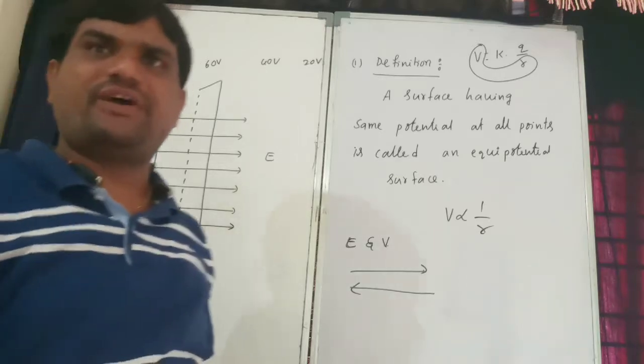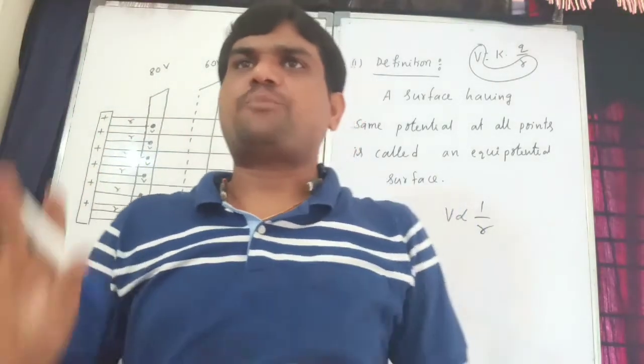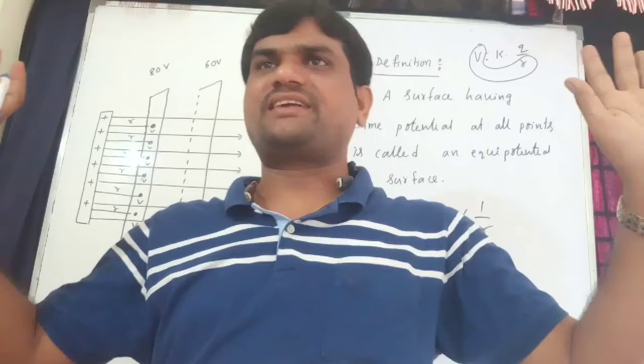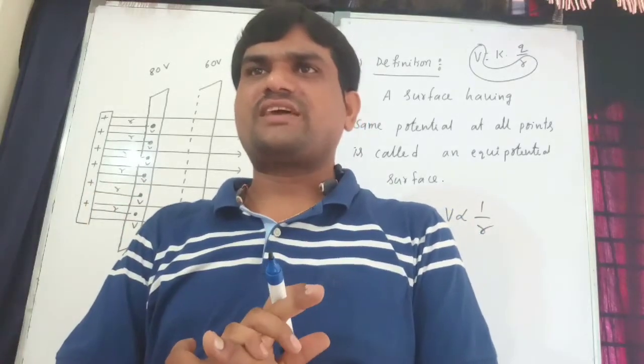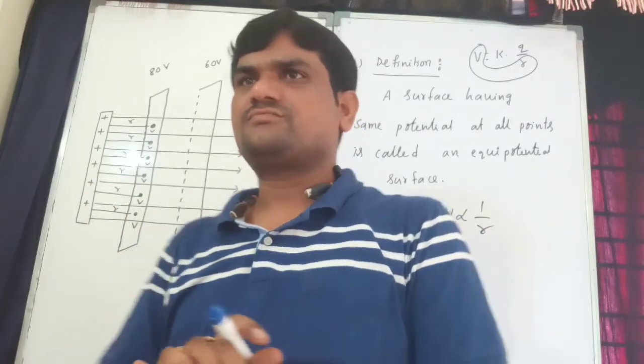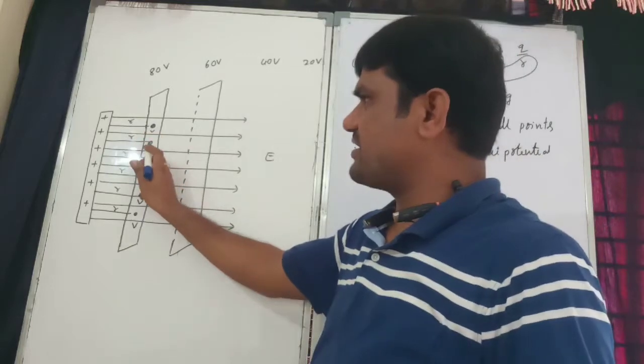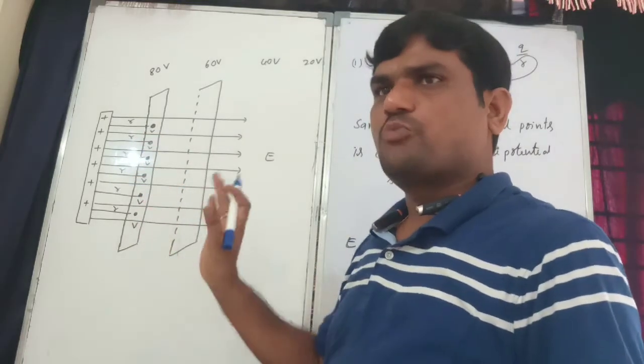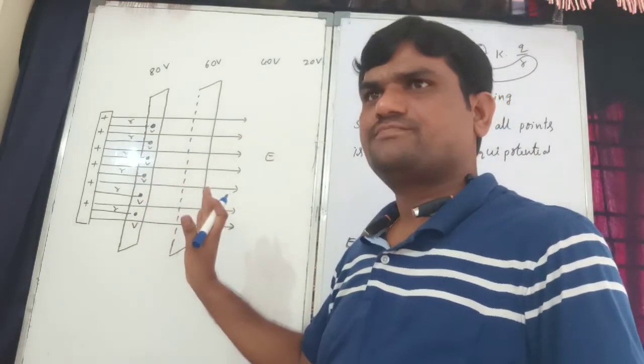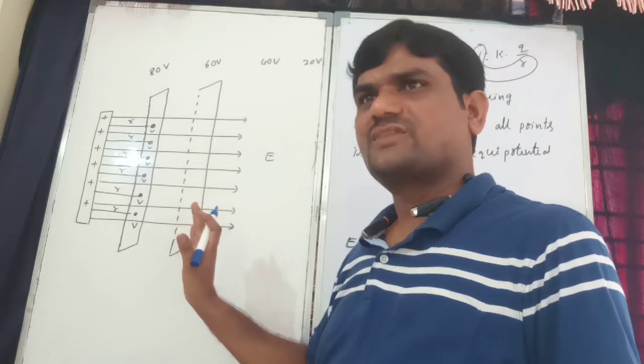On this plate, wherever you see, the potential is the same. Is it correct or wrong? Are you following that, right?